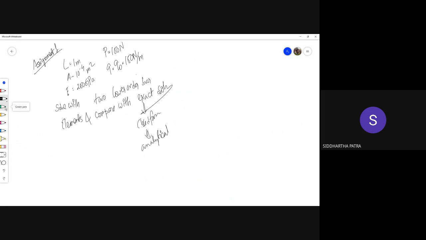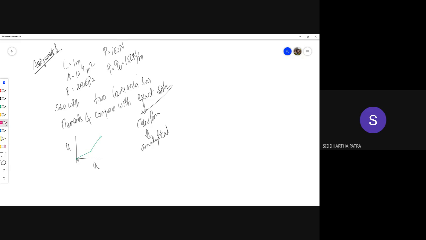As you can see, the exact solution would require u to be a quadratic function of x, but here you are considering u to be piecewise linear functions. Of course, u1 is 0.